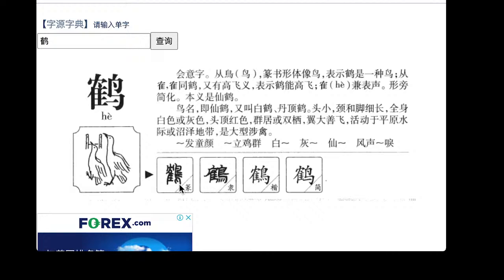What is this thing on the top though? Flying high. Something to the effect of flying high. And also phonetic, because that was also pronounced huh. But this is not a character that's even used anymore. I tried to look this up in the dictionary, this right here, just by itself. I couldn't even find this character.